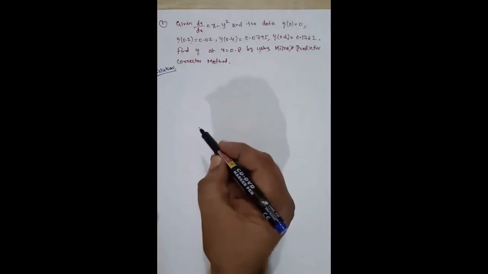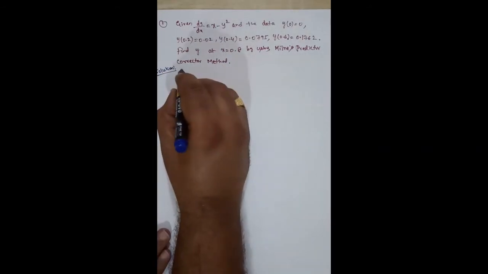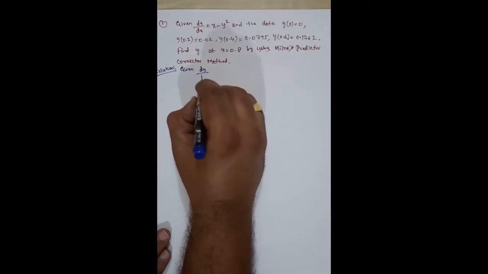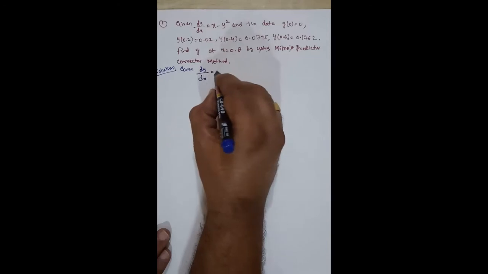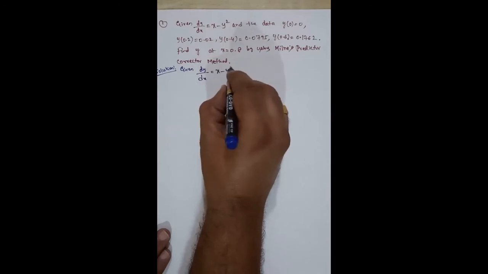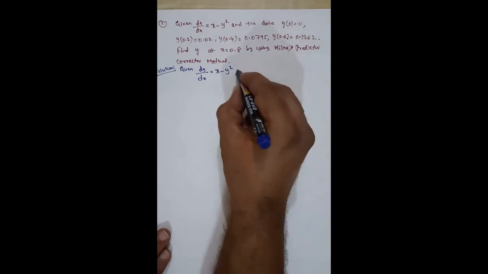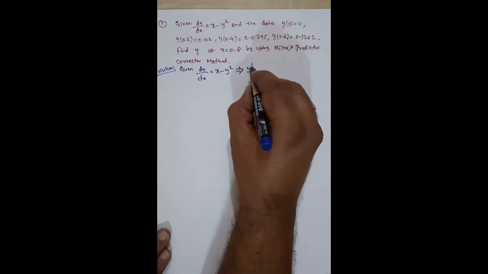the given data first. So given dy by dx is equal to x minus y square, and we know that dy by dx can be written as y dash.